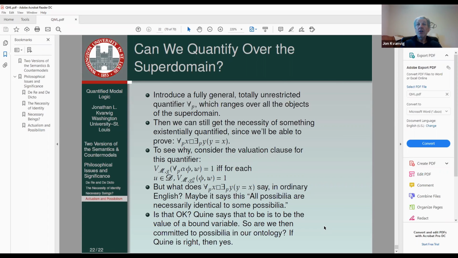But then when you started out with this idea that we only want to countenance what's actual when we talk about what reality includes, we end up being unable to sustain that. We end up saying all of reality includes everything in the superdomain, and lots of stuff in the superdomain does not actually exist.